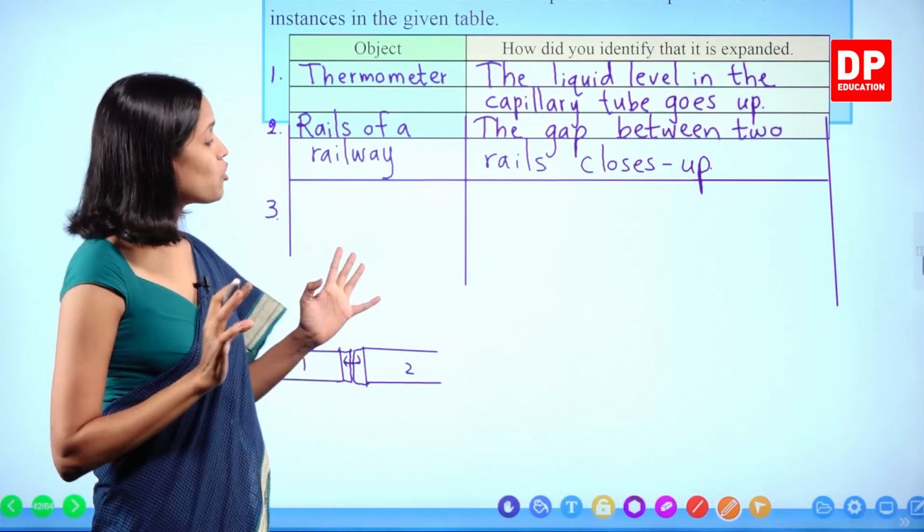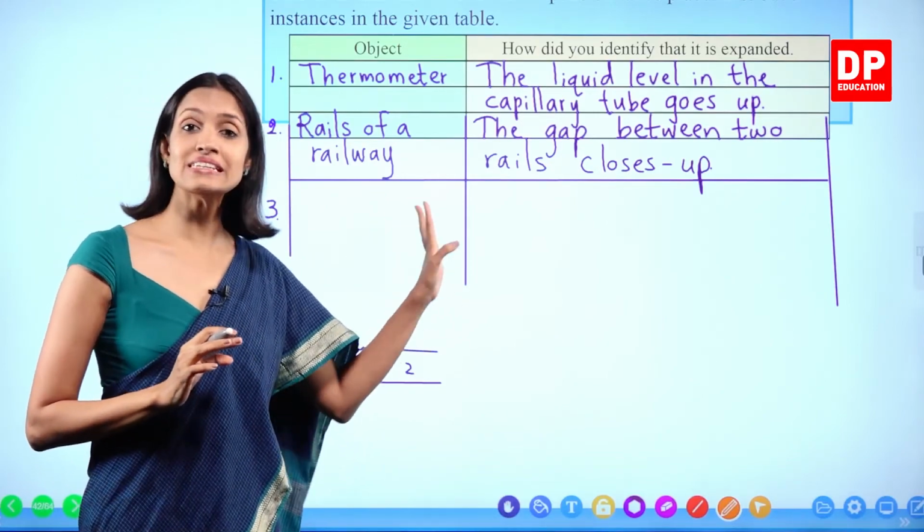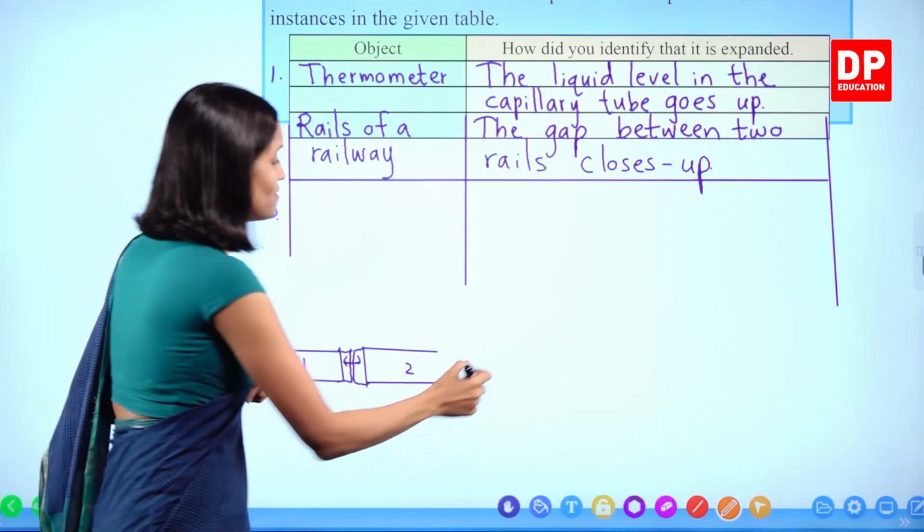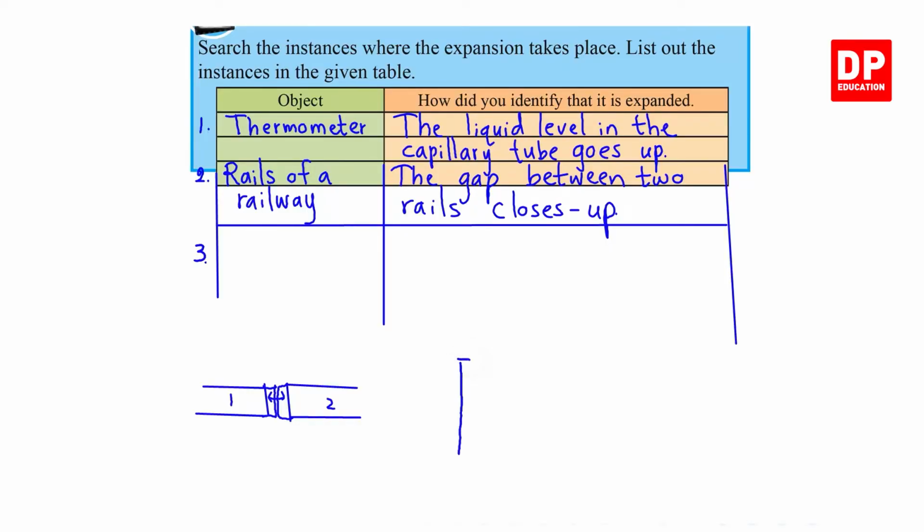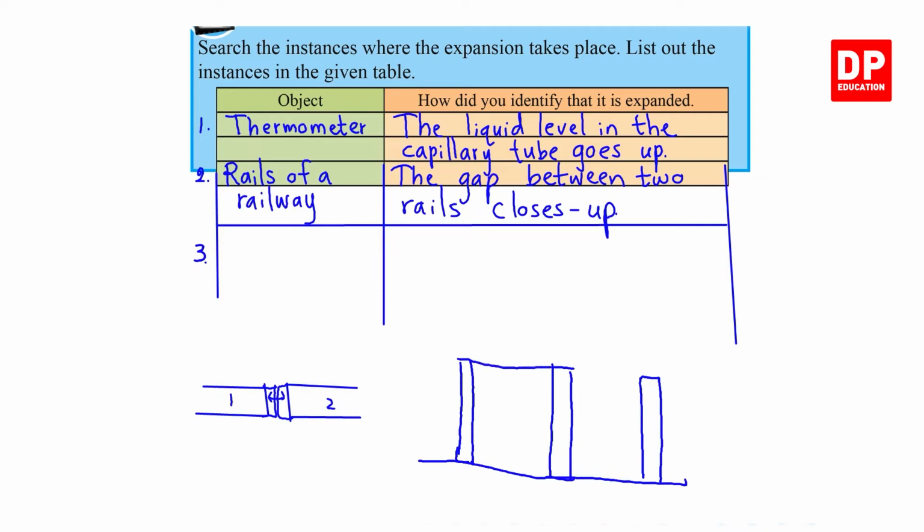Now you must have observed how these electrical cables are fixed, right? So electric poles on the roadside, they are present like this, right? So this is the road, they are fixed like this. So you all must have seen these cables present like this, from one pole to the other pole.